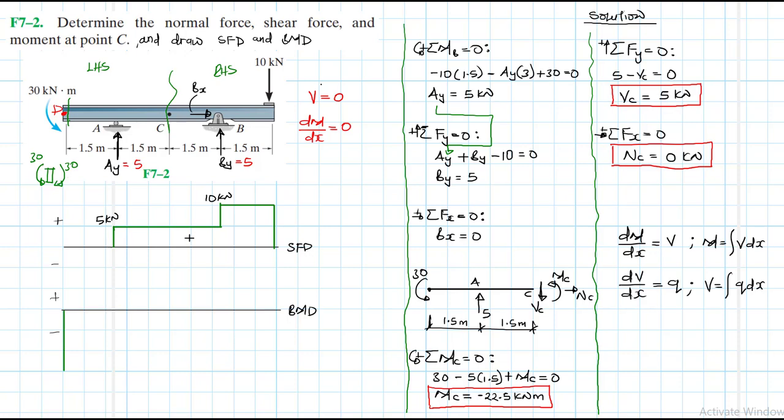So we just expect a straight line for moment from 30. This point here is 30. This point here is 30 kilonewton meters. So you just expect a constant value from there to here like this.